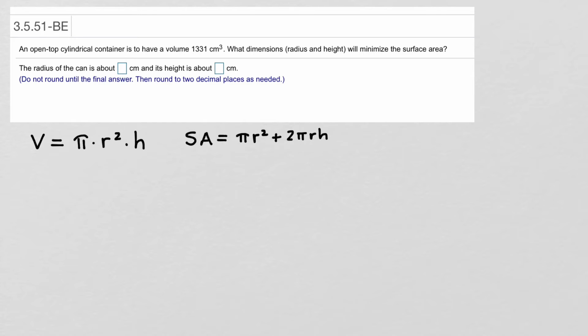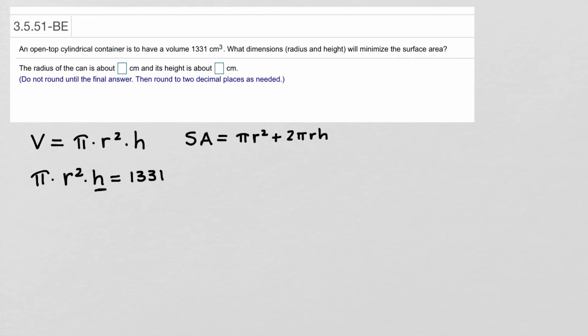Now, in the problem, they told us that the volume was 1,331 cubic centimeters. So that means that pi times r squared times h equals 1,331. And I can solve this for h.